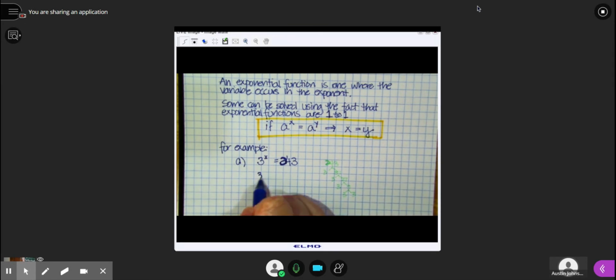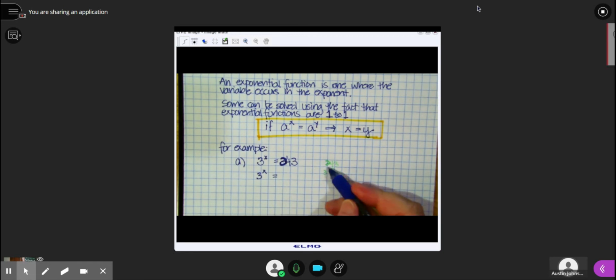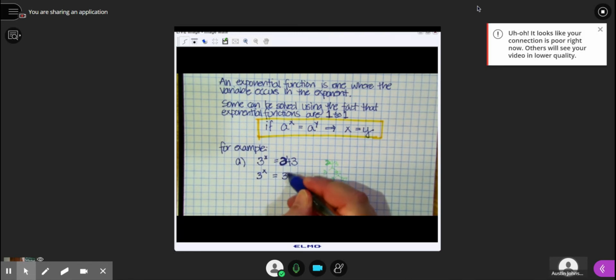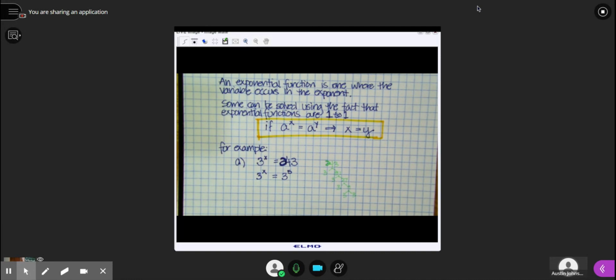So we know that 3 to the x power is the same as 3 to the 5th. This tells us that x has to equal 5. This is the simplest example of that.